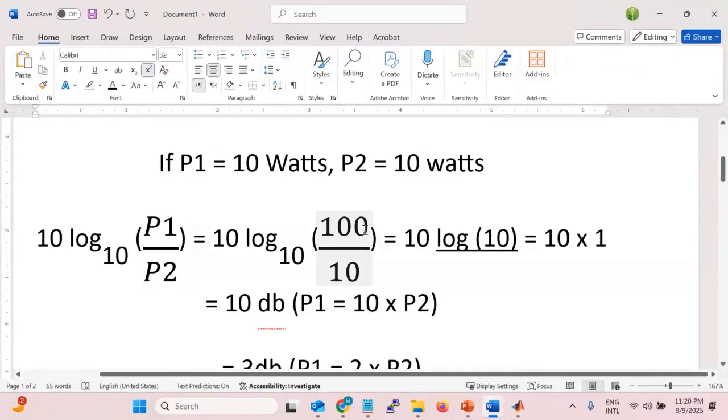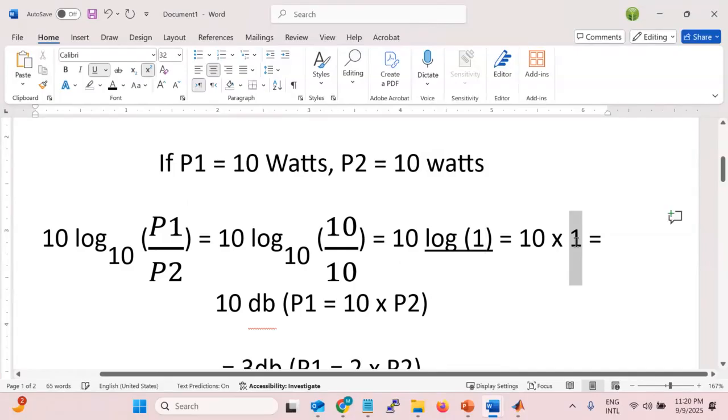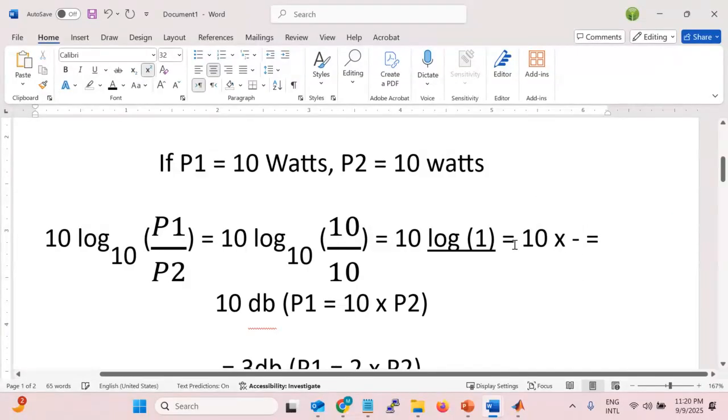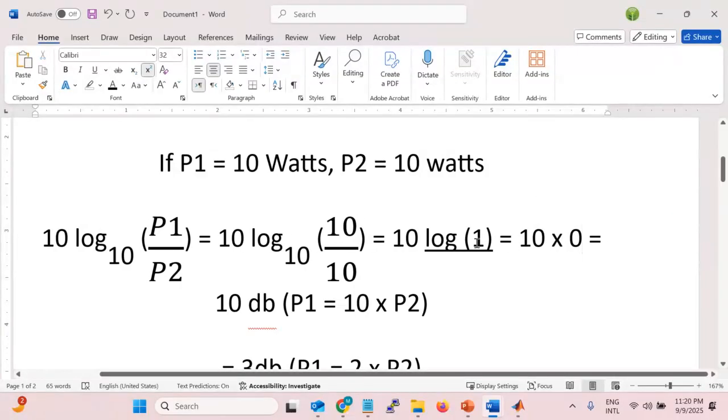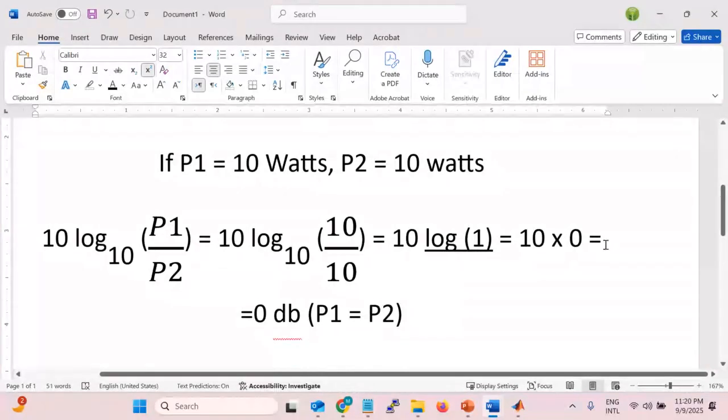How much is P1? 10 watt. How much is P2? 10 watt. So this equals 10 log 1. Log 1 always equals 0.